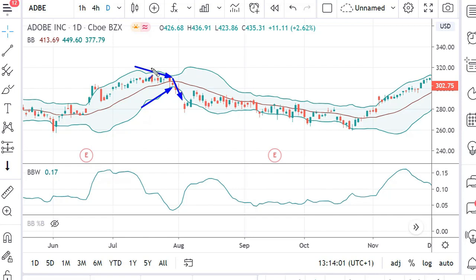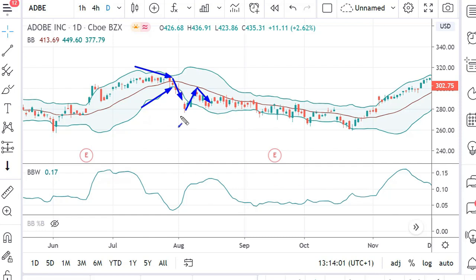So when we see this squeeze, we are going to look for a breakout in one of the directions. We don't know which direction, but one of the directions, and then we will have a look to see if we can find some confirmation that yes, this is the way the price is going to move. So every time we see these squeezes, we are looking for large movements right afterwards.